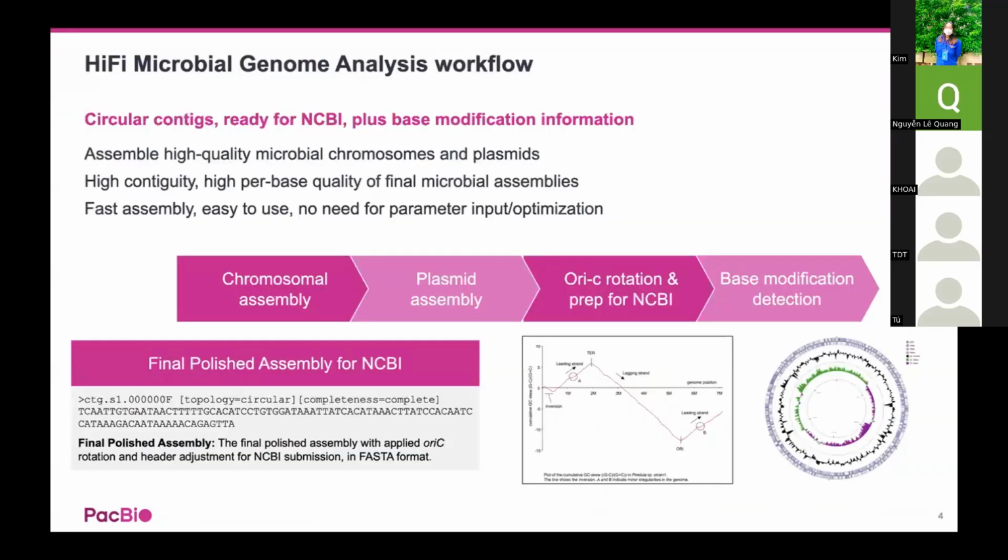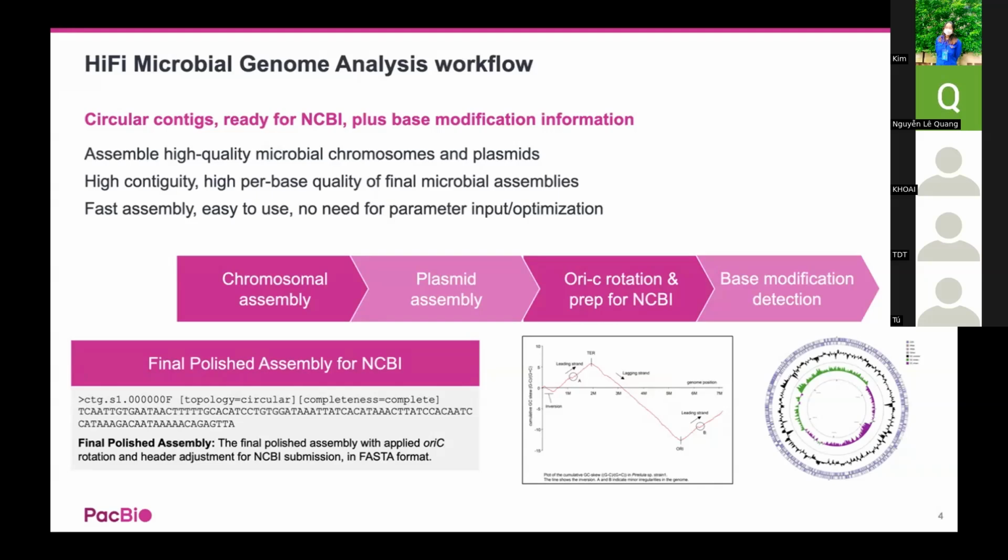With regard to microbial genome assembly, we have this workflow, which is called the microbial genome analysis workflow. This workflow is specifically developed for microbial genome assembly. With this workflow, you will obtain not only the chromosome assembly, but also the plasmid assembly simultaneously.